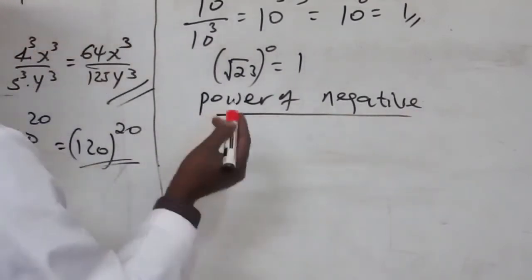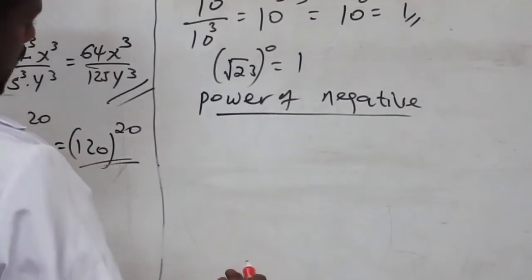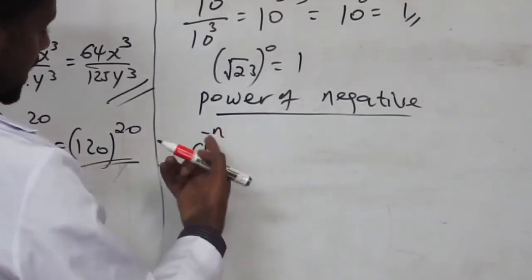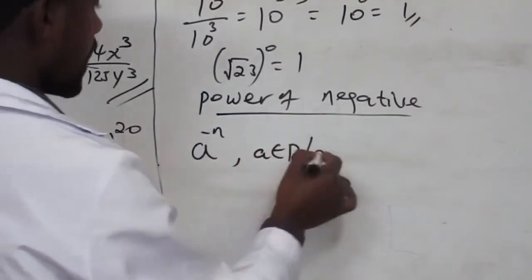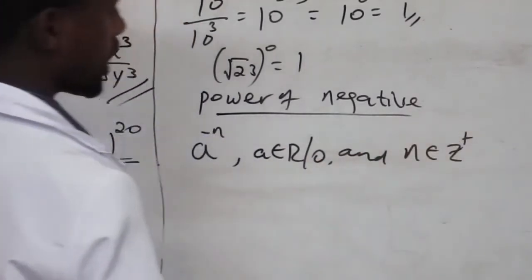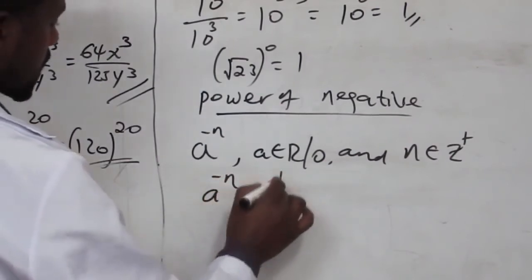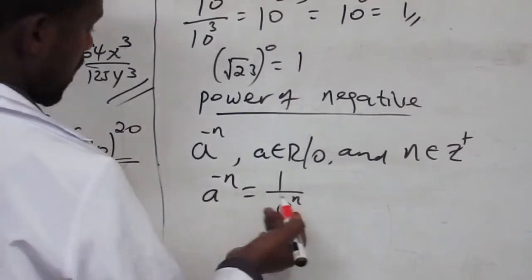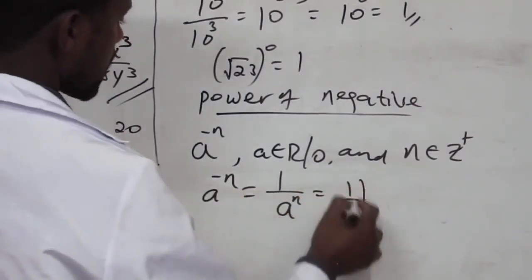So, where a is any real number other than 0, and n is any positive integer, a to the power of negative n can be written as 1 over a to the power of n.